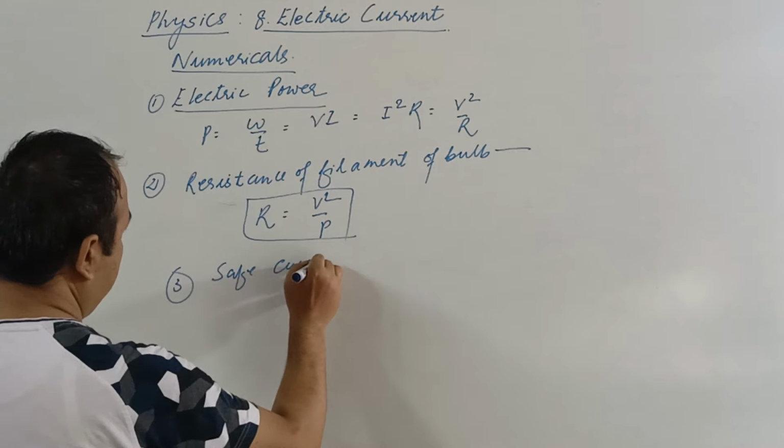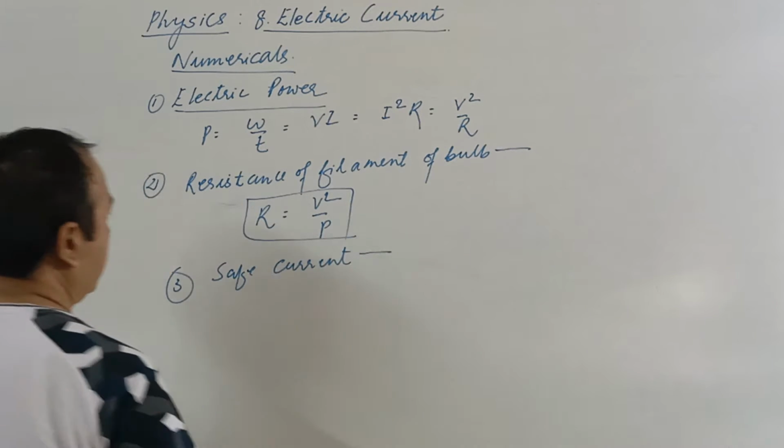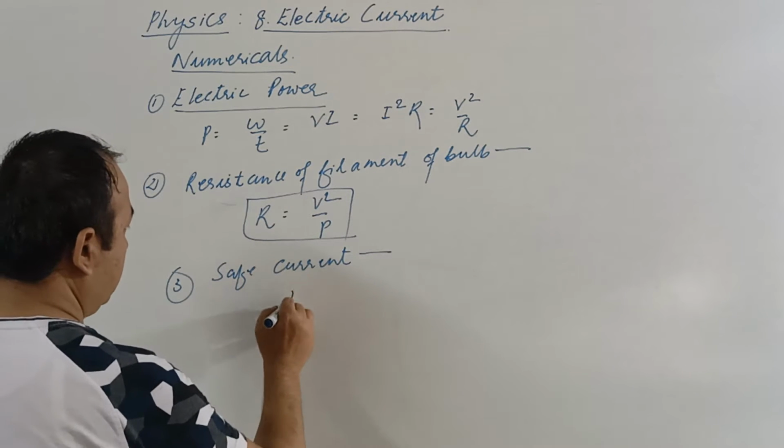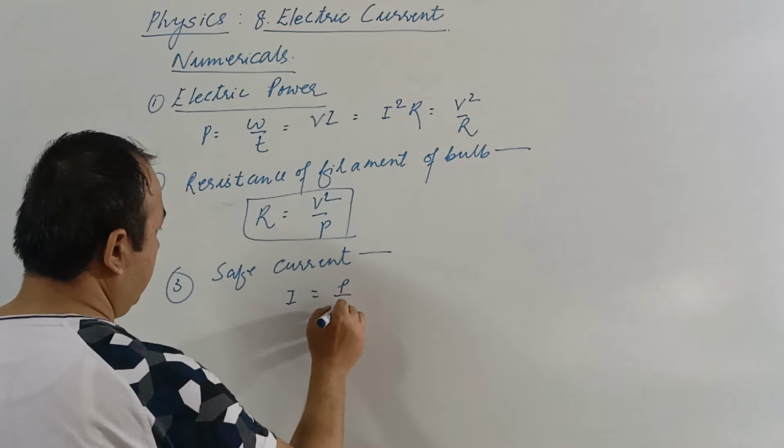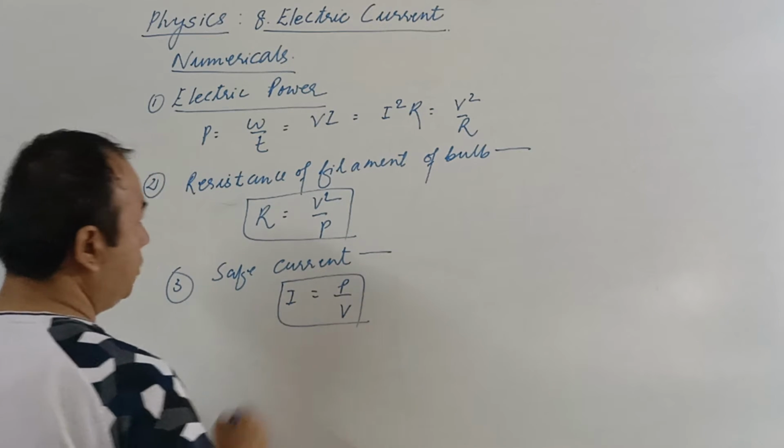For safe current, power is equal to VI, so I is equal to P by V. This formula we will be using.